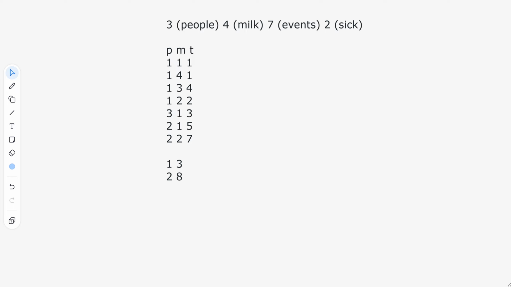So if we put these in order, including the sick ones, then we have person 1 drinking milk type 1 at time 1. And then the person also drinks milk type 4 at time 1. And then after, at time 2, we have person 1 drinking type 2.